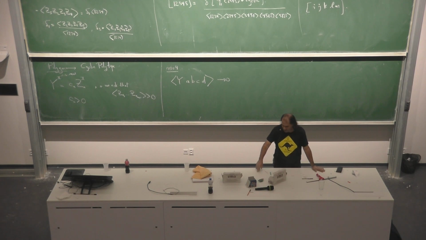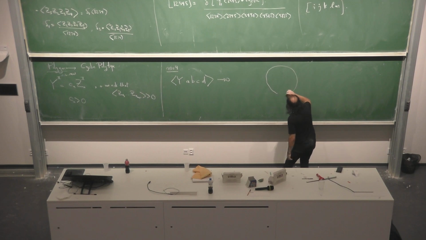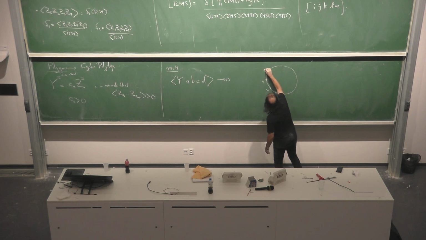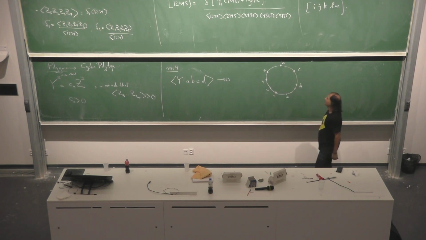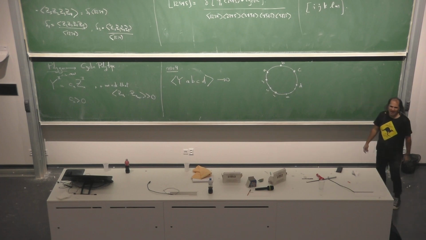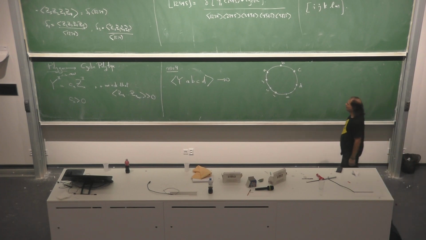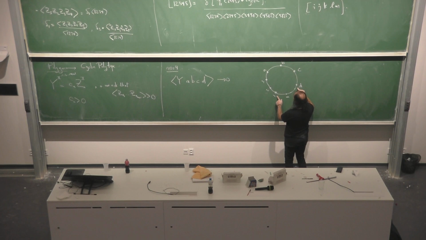Right? Well, let's again ask the question. I'm going to draw my index loop again here. This is index 1, index 2, index 3. And here there would be A, B, C, and D, and so on. Let's do the same analysis as before. So 1 A, B, C, D is okay.